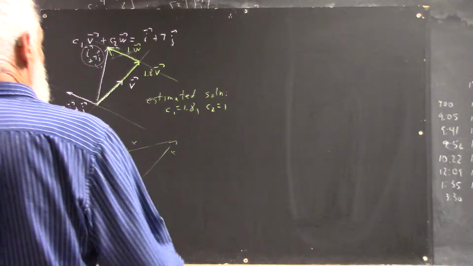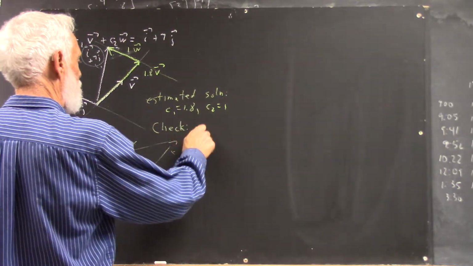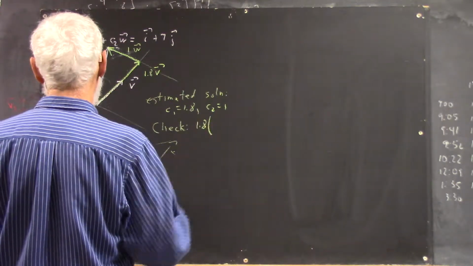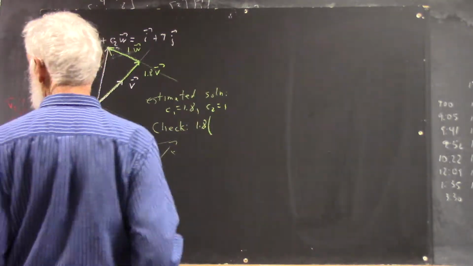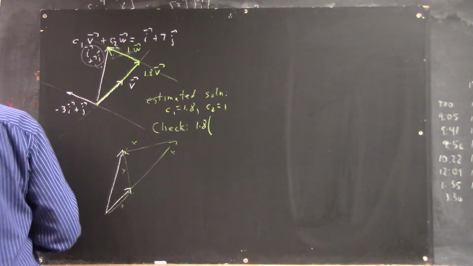So let's check. Let's see, 1.8 times V, which I didn't write down, but it was 2I plus 3J. Is that right? Yeah.